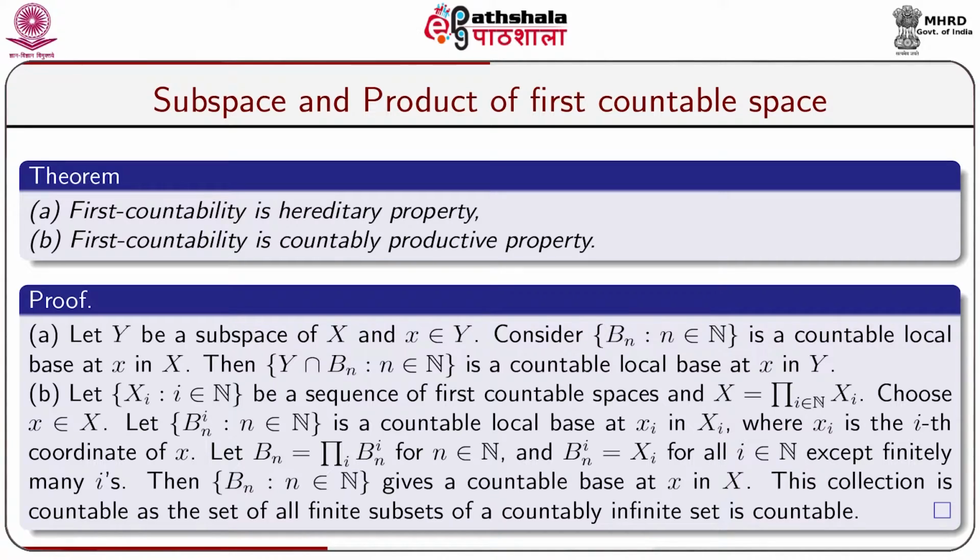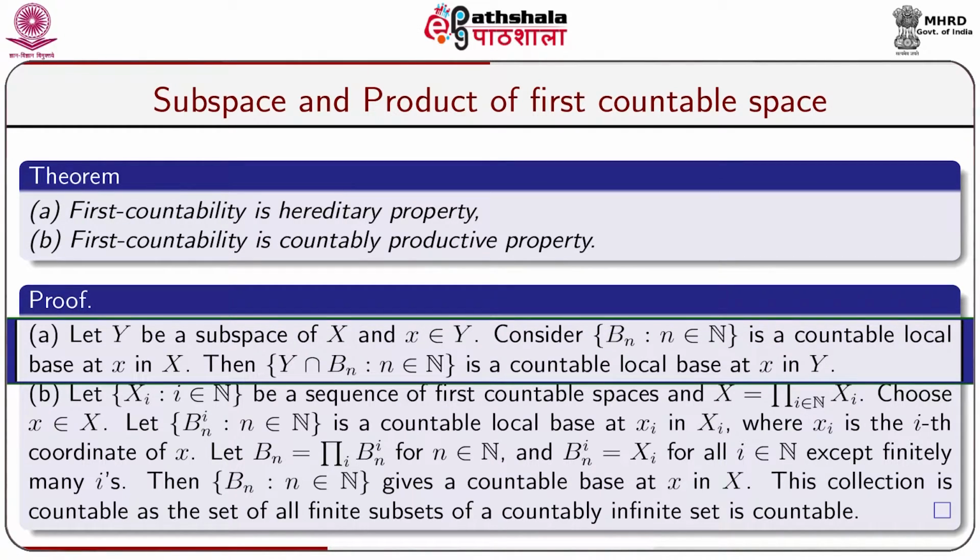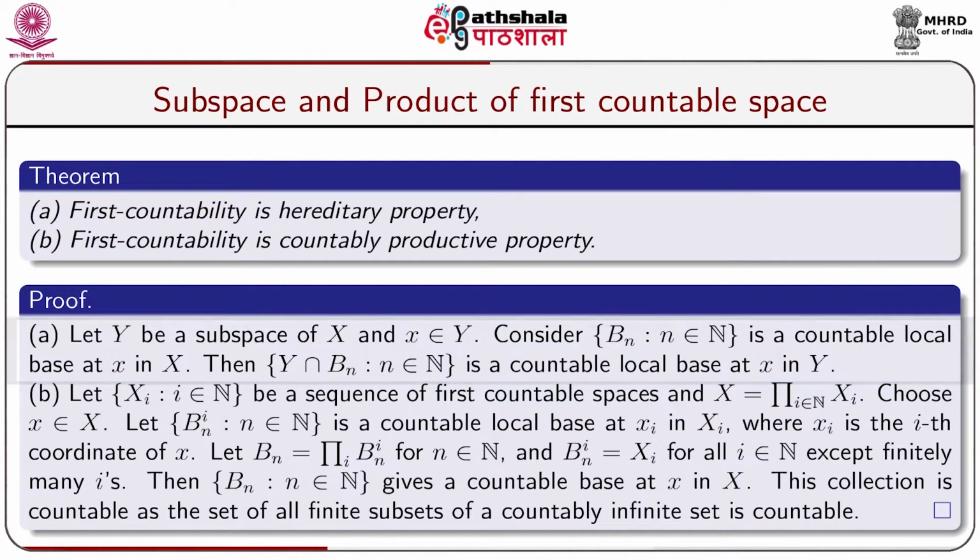To prove that first countability is a hereditary property, let us take Y as a subspace of capital X and small x belongs to capital Y. We have to produce a sequence of neighborhoods of x in the topological space Y. Now, as x belongs to capital X and capital X is a first countable space, there exists a decreasing sequence of neighborhoods at x in capital X. Now let us take the trace of this neighborhood in Y. Then this trace gives a decreasing sequence of neighborhoods at x which becomes a local base.